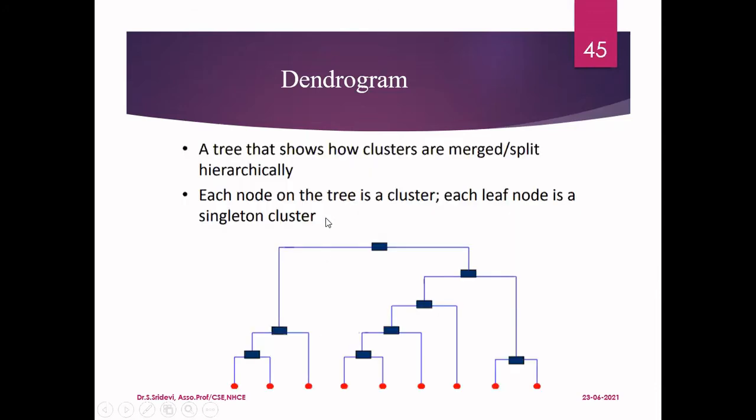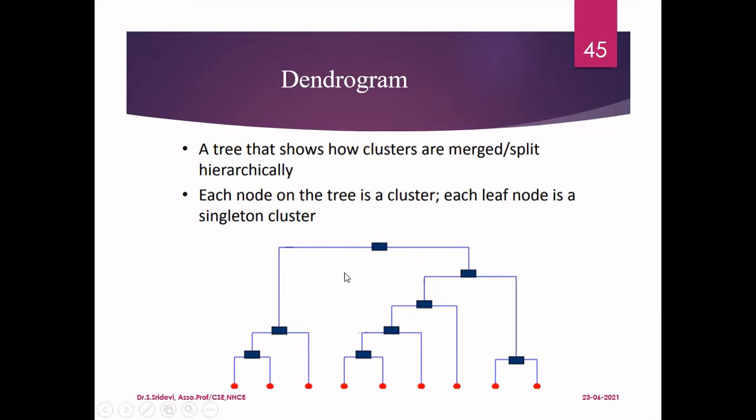Now let us see how it is going to look. It is a tree that shows how the clusters are merged or split hierarchically. This is a dendrogram, a tree structure. In this we have different nodes. The rectangular boxes represent various nodes, as well as the red circles. The internal rectangular box is a cluster, and a leaf node is also a cluster.